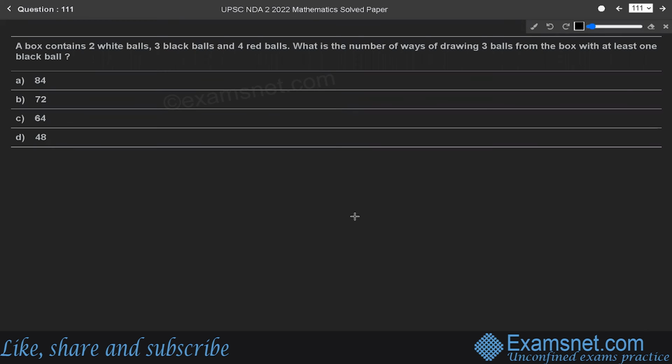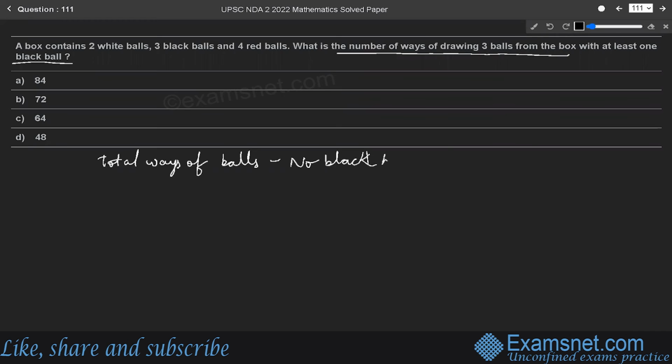In order to find the number of ways of drawing 3 balls from the box with at least 1 black ball, we have to first find the total ways of drawing balls, and then we will subtract no black ball.